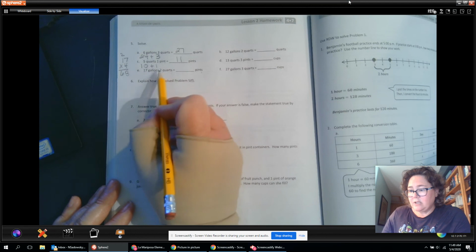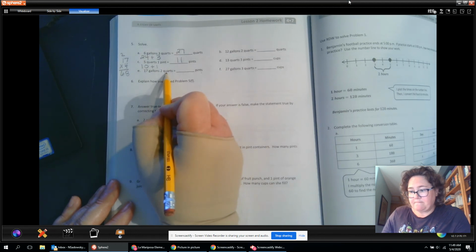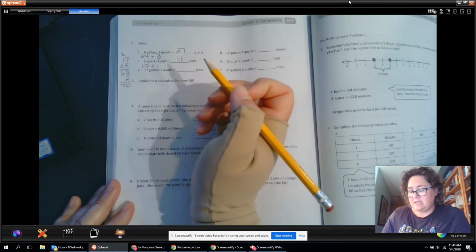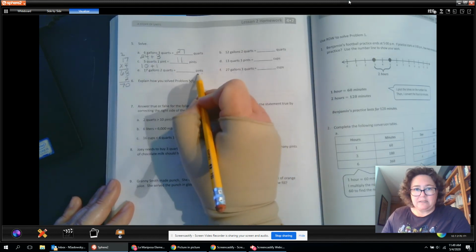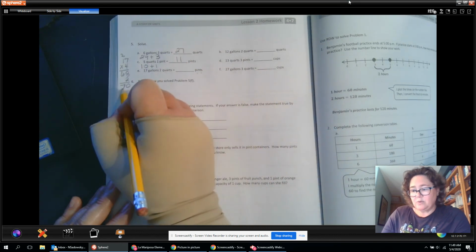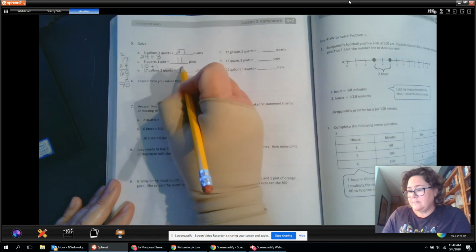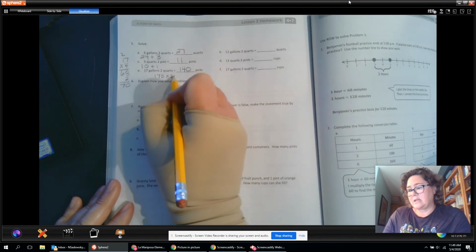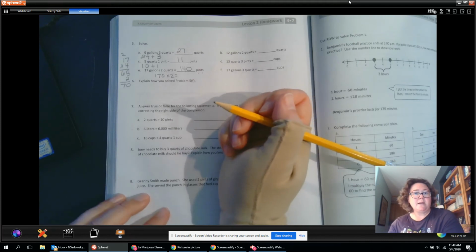But that would take you to quarts, so we add the 2 with it. We're dealing with 70 quarts, but we want pints. To get from quarts to pints, we multiply by 2. So 70 times 2 is going to be 140.